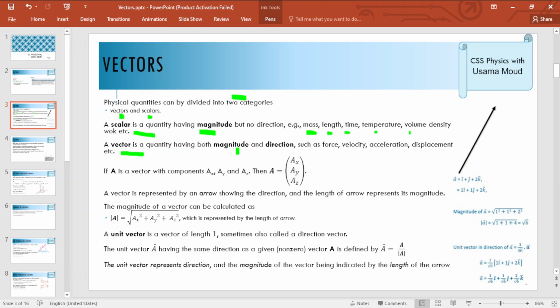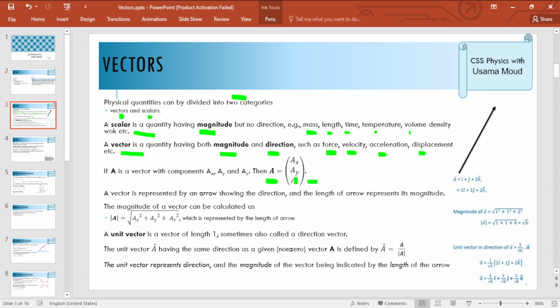A vector is a quantity which can be represented with magnitude as well as direction. Without direction, it has no meaning. For example, force, velocity, acceleration, displacement: we have to describe these quantities with a certain number as well as the direction.